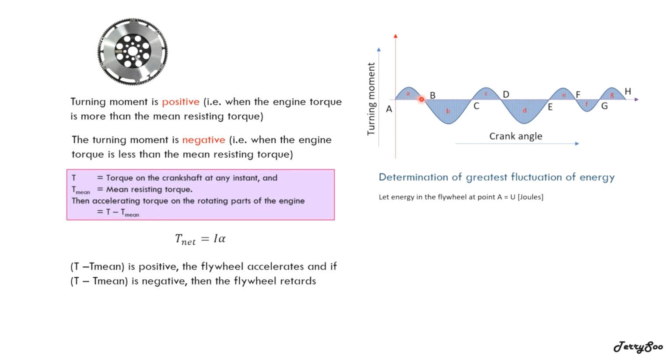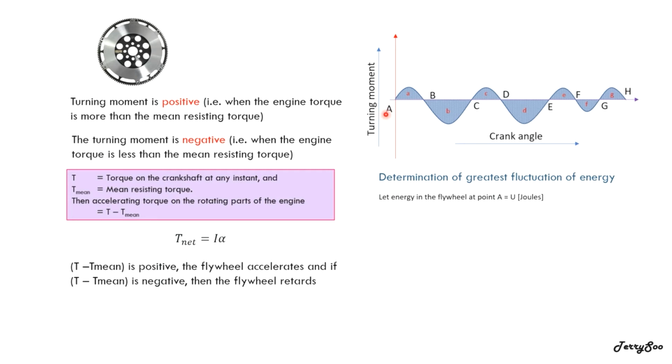When it moves to point B, you take this U, the unknown energy, plus A. Then at point C, you have U plus A minus B. At point D, you have U plus A minus B plus C. Then minus D at point E, plus E at point F, minus F at point G, and plus G at point H.